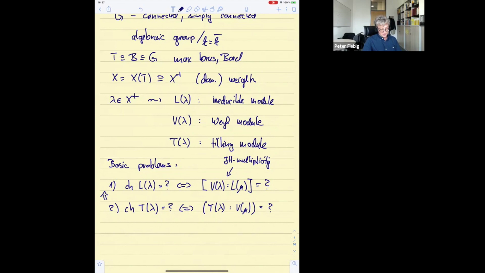And as you could see from Simon's talk, we have new methods to attack this problem. And Simon even wrote down a formula for the characters of these tilting modules, which involves the p-Kazhdan-Lusztig polynomials. Unfortunately, these p-Kazhdan-Lusztig polynomials are still kind of unknown.